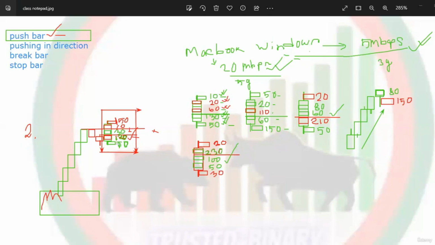Previously we learned what happens when the candlestick volume is high. Suppose this red candlestick has this volume and this candlestick has this volume.